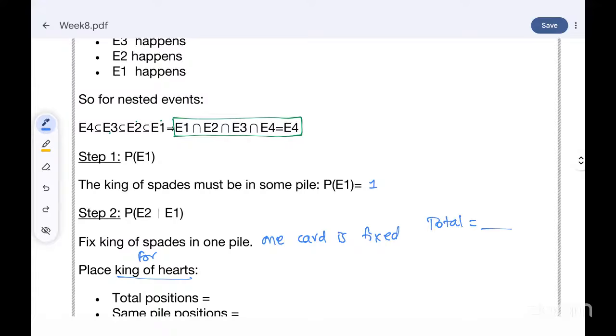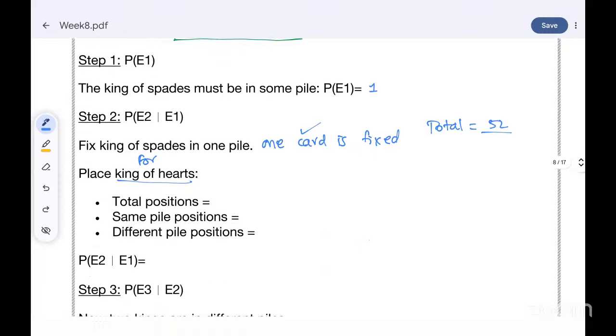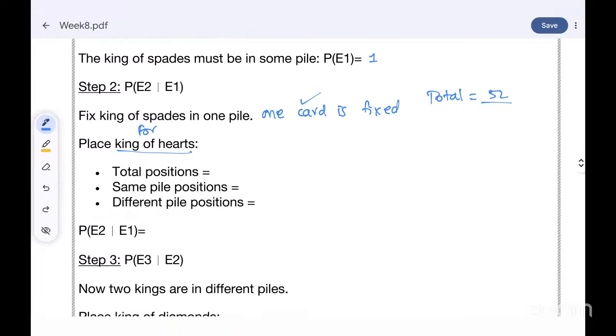Total, how many cards when we started? 52 cards. Now out of that, 1 card is fixed. Now for the king of hearts, how many possible positions can it take? 51 positions. Now suppose this is in some pile. Now in that pile, how many positions do you have?